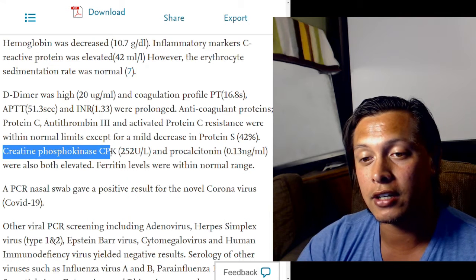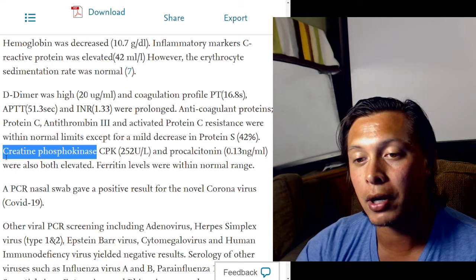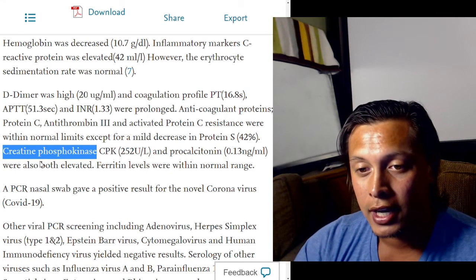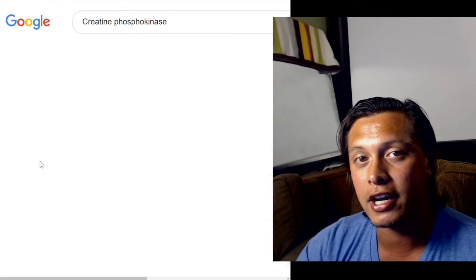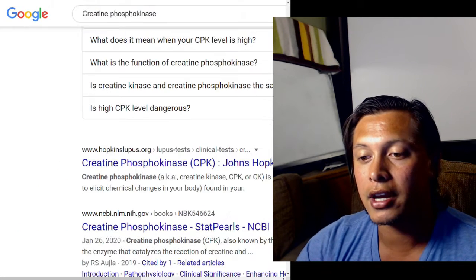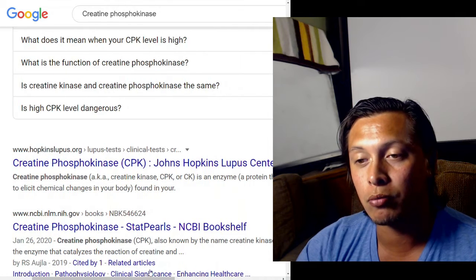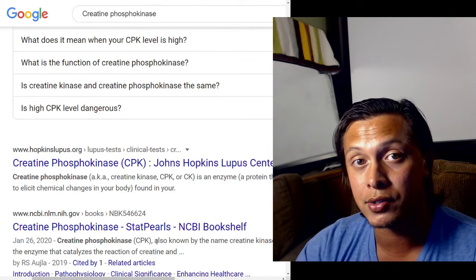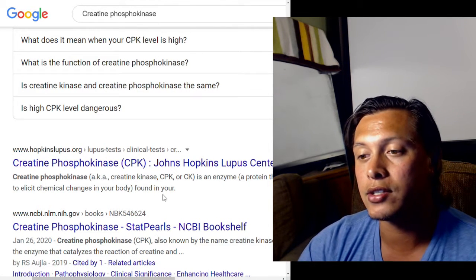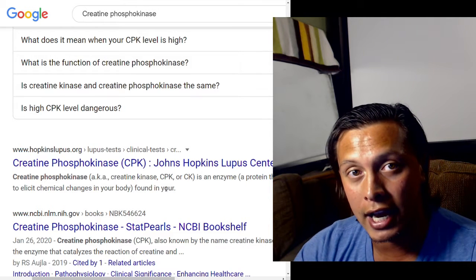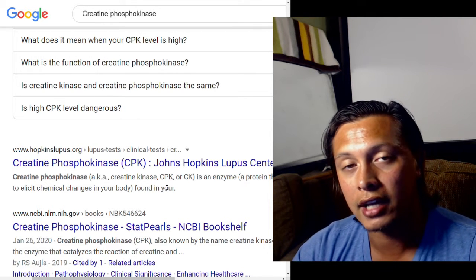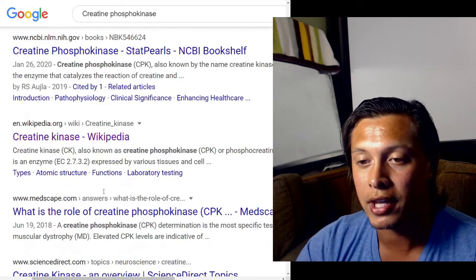Now, I'll look this up, but if creatine kinase is elevated in the blood serum, that would mean that there might be damage in your muscles or your heart, because when cells die, a lot of them will release the proteins that are within them.